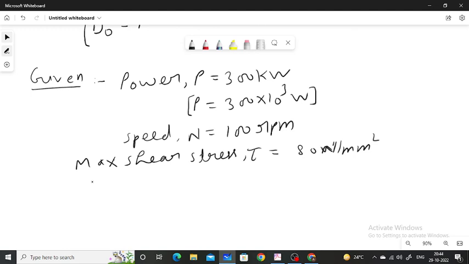Second, what percent saving in weight would be obtained if this shaft is replaced by a hollow one whose internal diameter is 0.6 times the external diameter, the length of the material and the maximum shear stress being the same. Okay, let capital D be the diameter of the shaft.